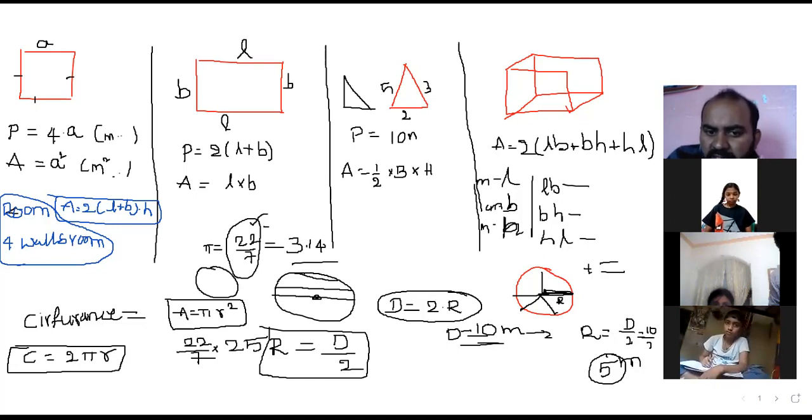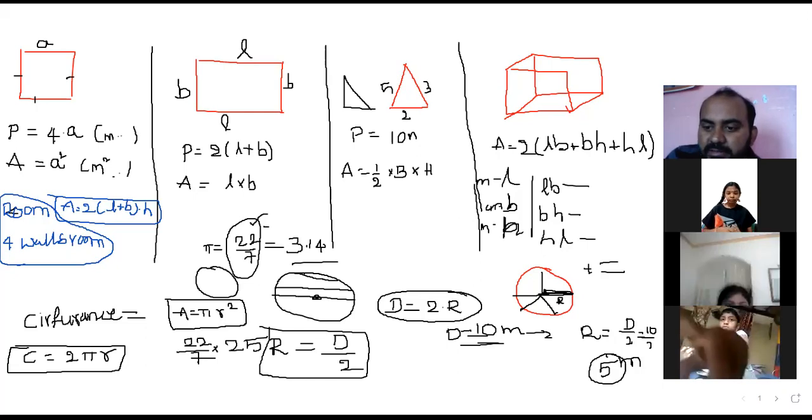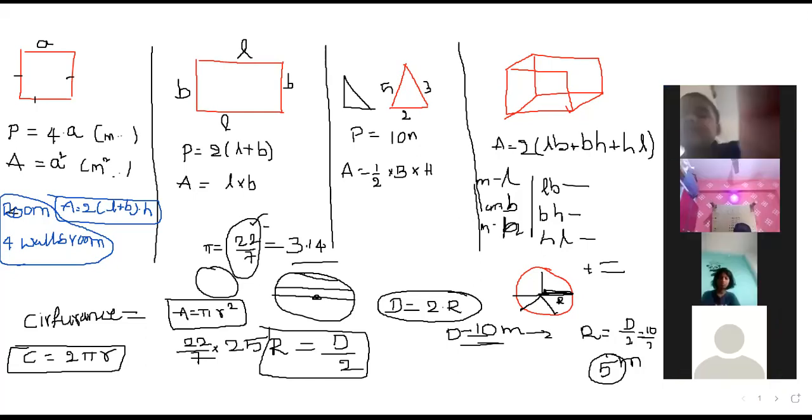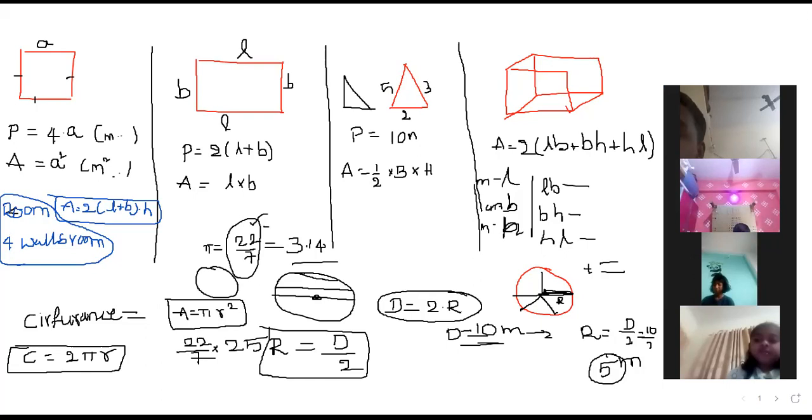Now coming to O N D C. If you join all the points, which figure can you make? Not a rectangle, that is a square. O N D C. If you join these 4 points, you will get the square box. So see what your side value is. Side length is how much?